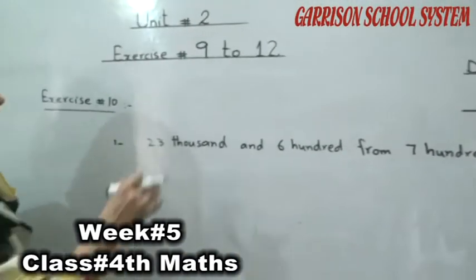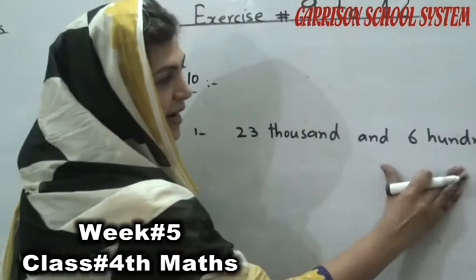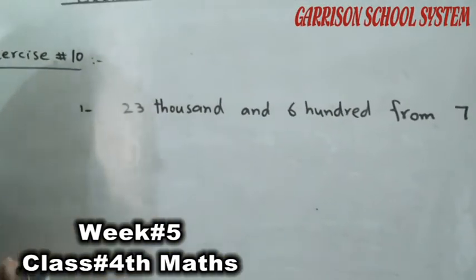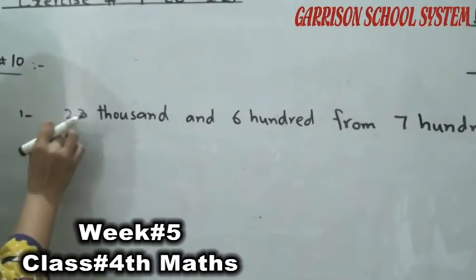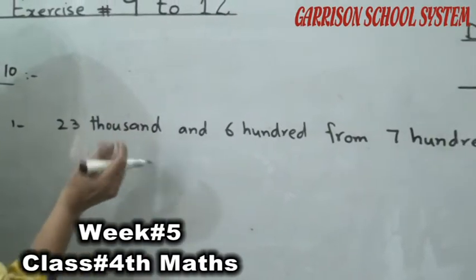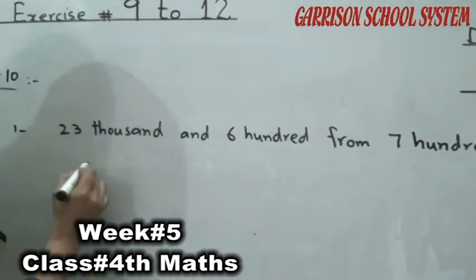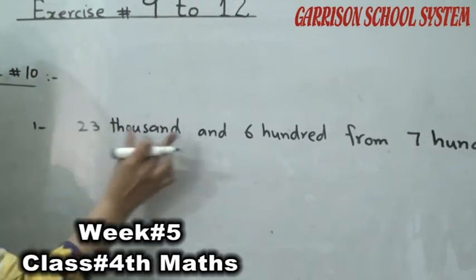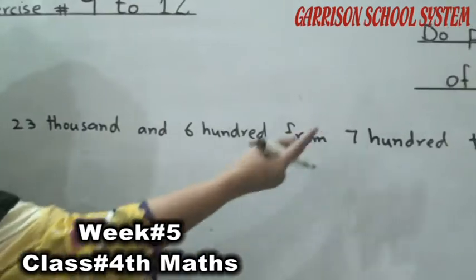Now students, first of all, we write the question by converting it into numerals. These questions are in word form, but we have to convert them into numerals. This is 23,600 from 700,000.